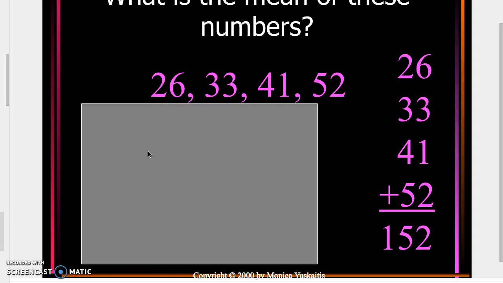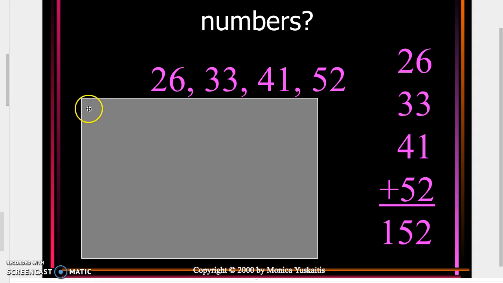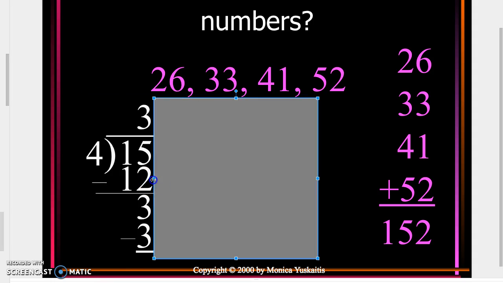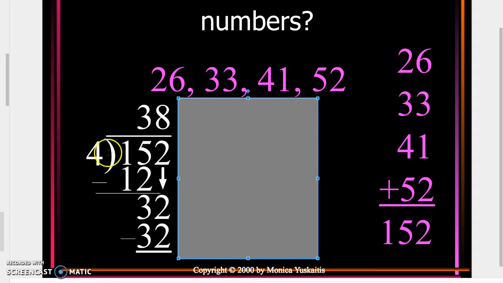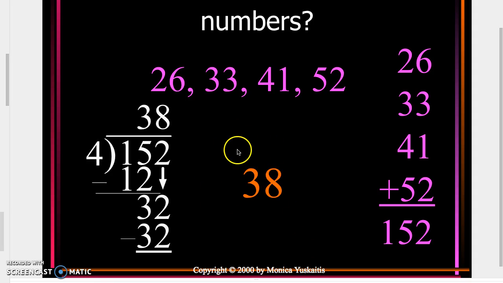So 152 divided by 4. Here's what my problem looks like. It's long division. You just have to go through and do it. 4 goes into 15 3 times. That makes 12. When I subtract, I get 3 and bring down my 2. 4 goes into 32 8 times. 8 times 4 is 32. So it goes in 38 times. That means my average is 38.